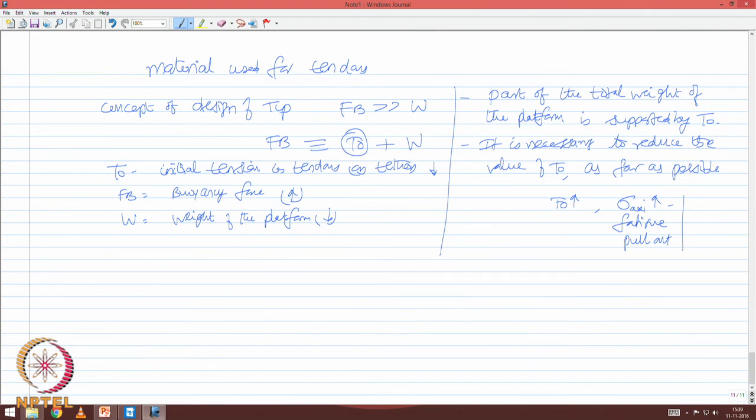So, what material is generally used? Commonly used material is steel.